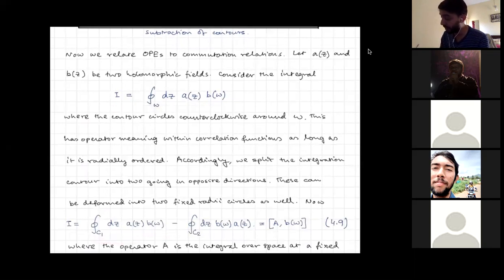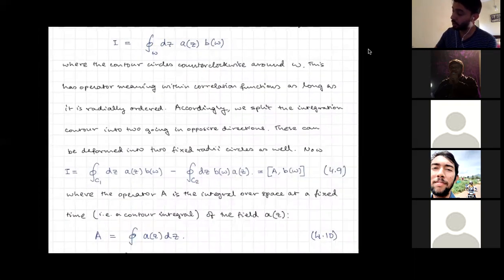Okay, so now this particular integral that we have out here is going to be split into C1 of A of z times B of omega, and in C2, since the radial ordering has to now kick in, this has to be B of omega times A of z.